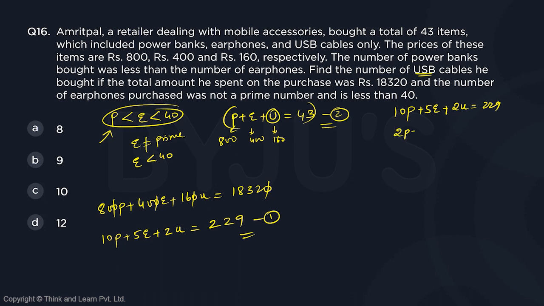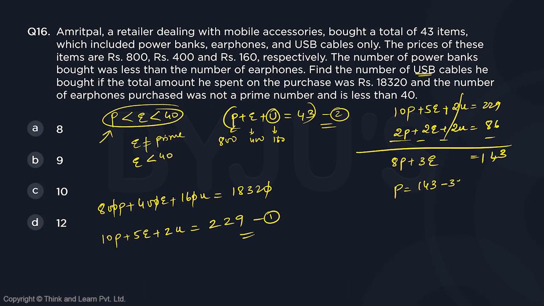I'll get 2P plus 2E plus 2U equal to 86. Now if I subtract them, the U will get cancelled. So this is 143 is equal to 8P plus 3E. Or my P will be equal to (143 minus 3E) by 8.